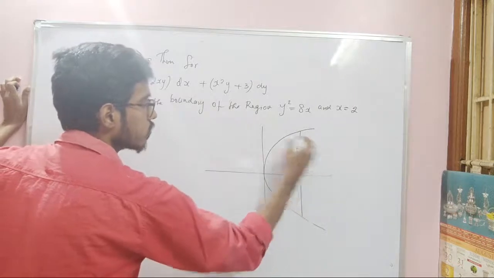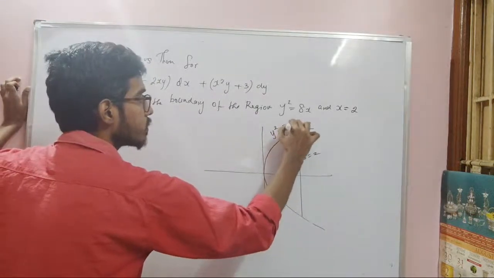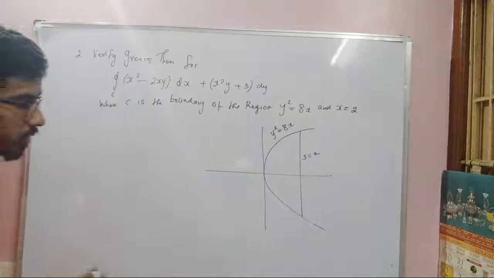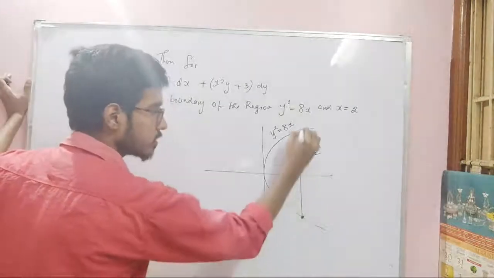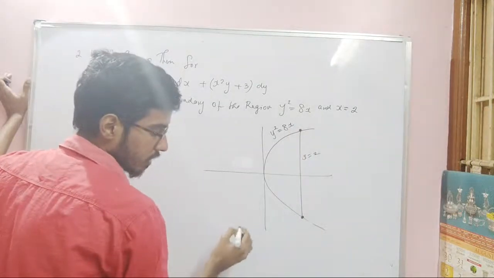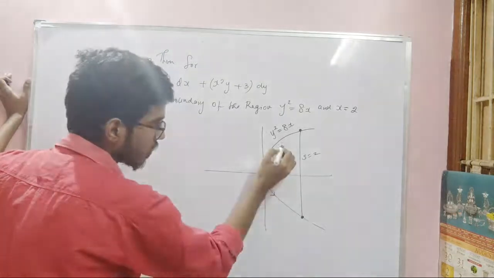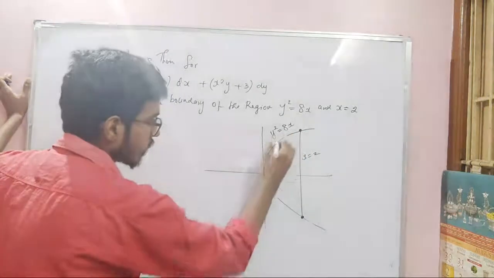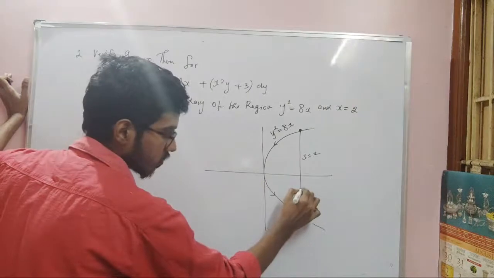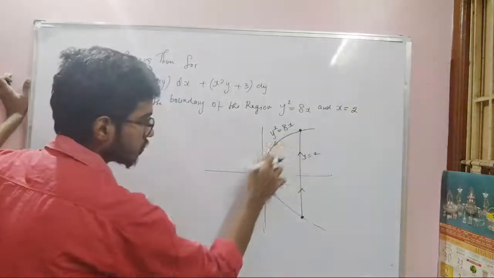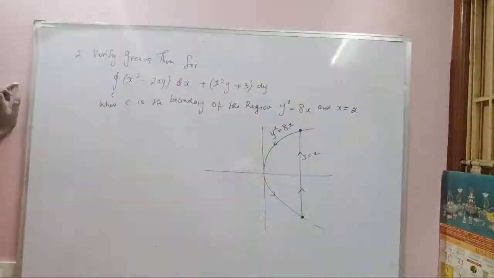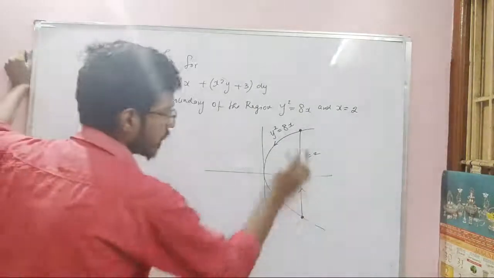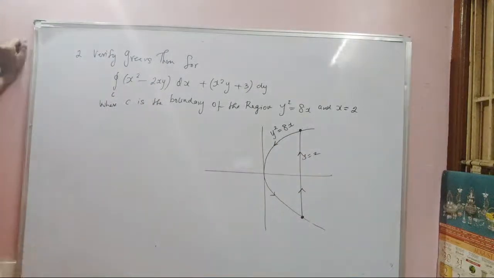This is x is equal to 2, and this is y square is equal to 8x. Now we need to find the point of intersection of this and this, right. So we are going like this and like this, and we need to find this point and this point.